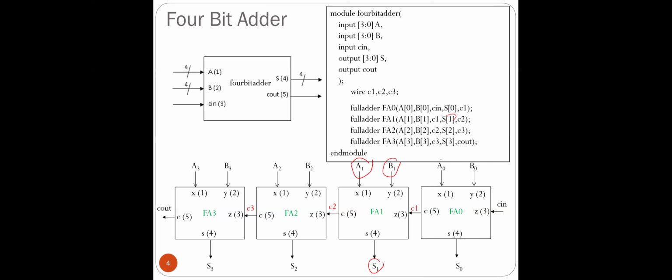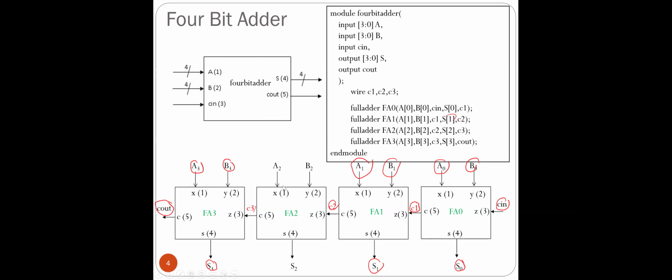So the first one adds A0 plus B0 along with the Cn and generates sum 0 and carry C1. Then this one adds A1 plus B1 plus C1, generates S1 and carry C2, and so on. The final one will add carry C3 plus A3, B3 and will generate sum 3 and C out.